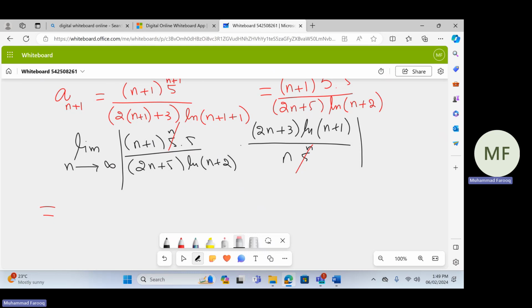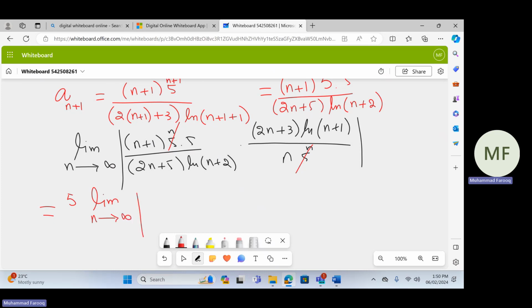In the numerator we have 5, which you can take outside, no problem, because it's a constant. Anything in the denominator as a constant? No. So the limit as n goes to infinity, please.